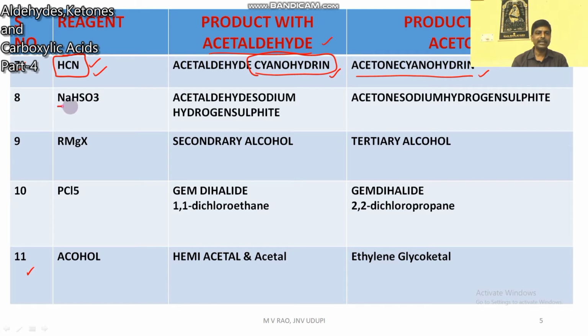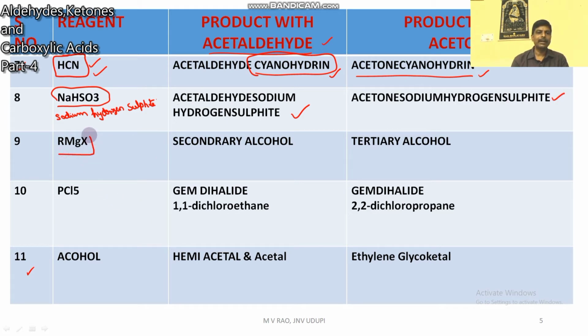Similarly, one more reagent is sodium hydrogen sulfite. When acetaldehyde reacts with sodium hydrogen sulfite, acetaldehyde sodium hydrogen sulfite will be formed. With acetone, acetone sodium hydrogen sulfite will be formed.